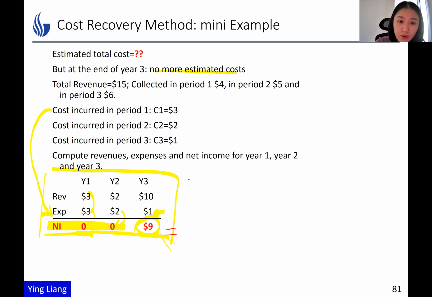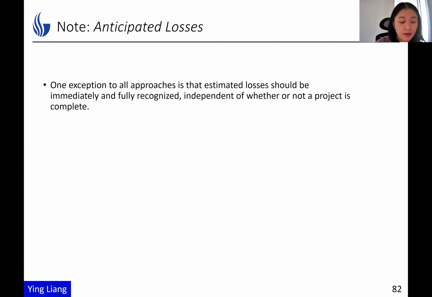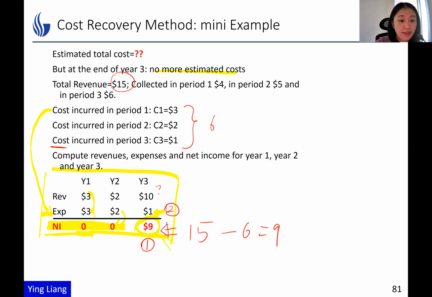This 9 equals total revenue, 15, minus total cost, 6, equals 9. So we get the 9, right? And then we know in year 3, our cost is $1. So what is the revenue? That's why we need the 10, which is 1 plus 9 equals 10.